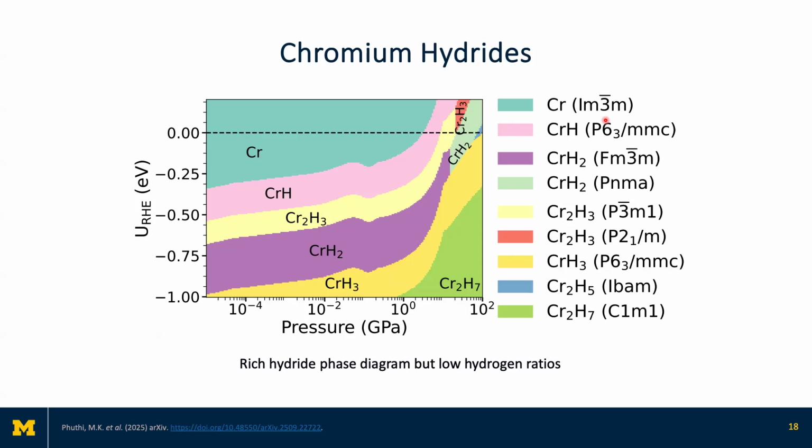So maybe a comment on that. And secondly, even if you stabilize these phases at lower pressure and therefore different volumes, the TC will be different, because the TC is a strong function of volume. Can you comment on both of those?